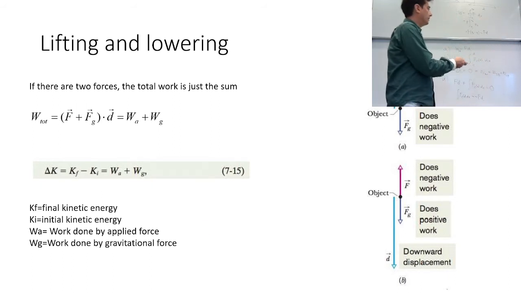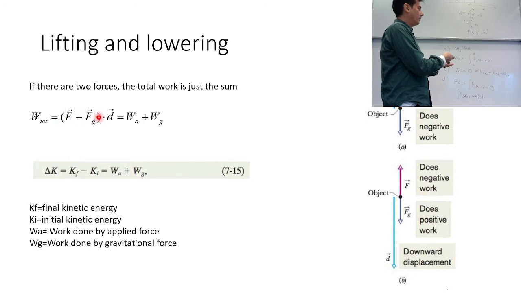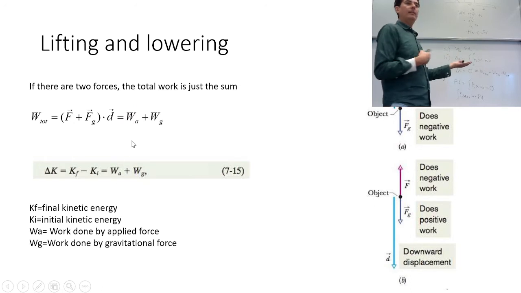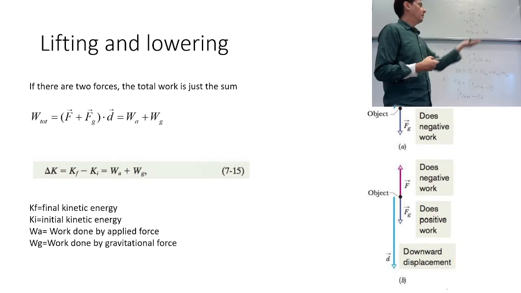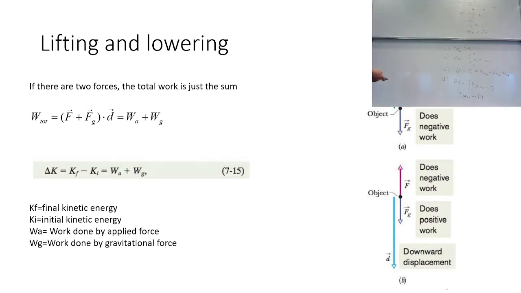So there's kind of two works, if you like. There's the total work, but then two individual works. One is the work done by gravity, and one is the work done by me, lifting it, right?